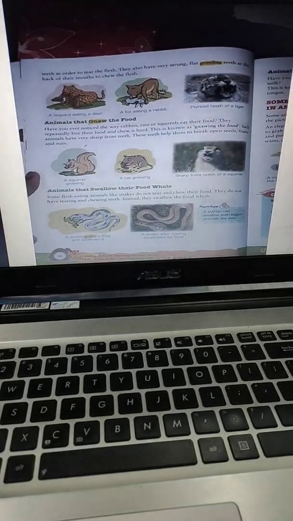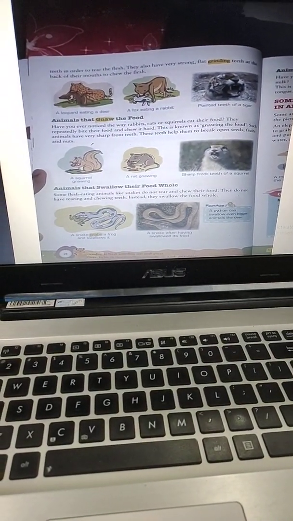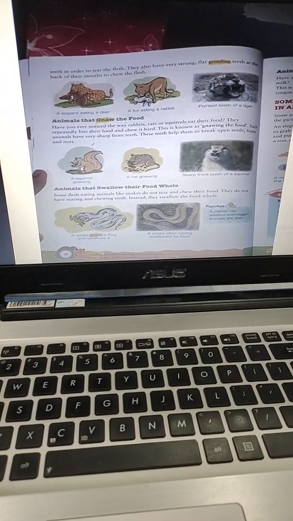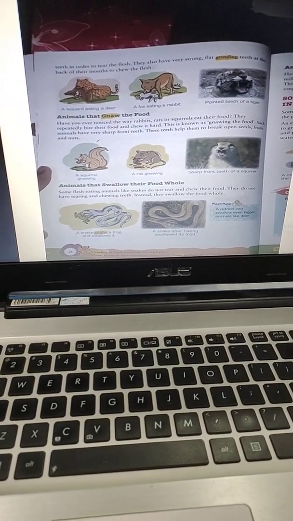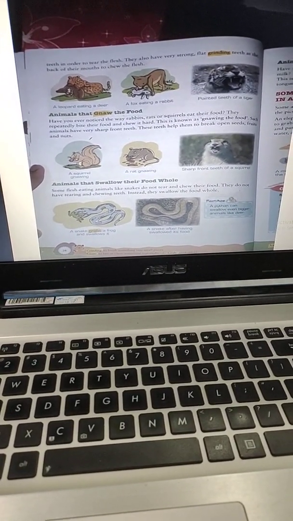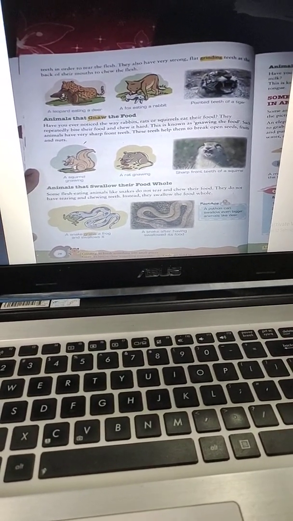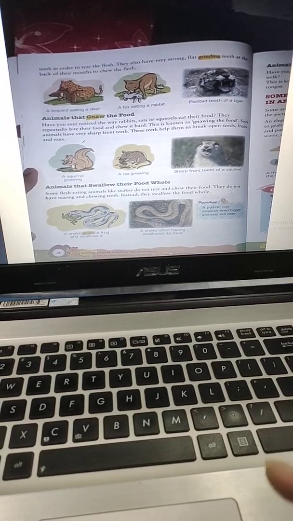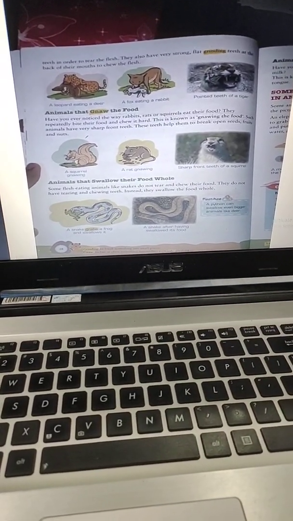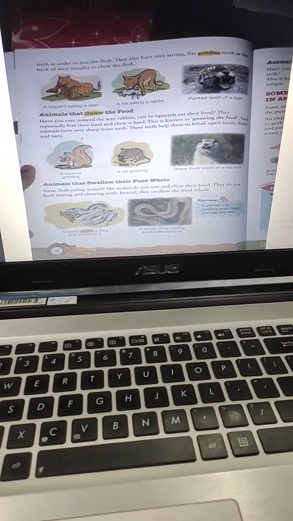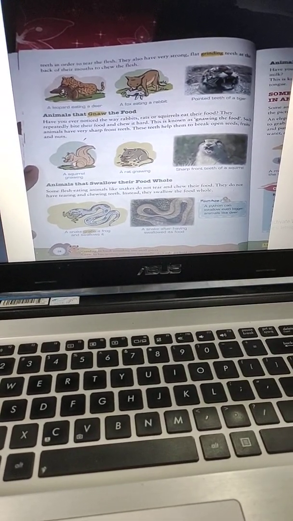The next is the animals which gnaw the food. Gnaw means कुतर के खाते, चबा के, कुतर के खाते हैं. The animals which gnaw their food, and some animals which swallow their food. There's a basic difference between gnawing and swallowing.